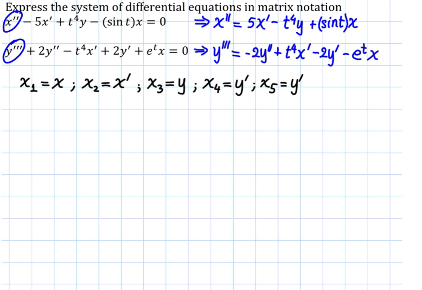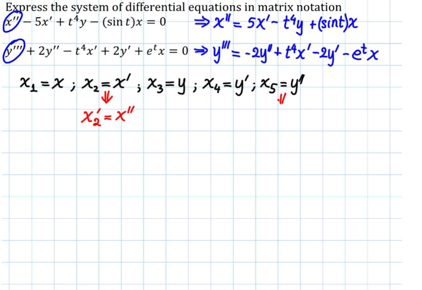And now with that, the question is, what is x double prime? Since x2 is equal to x prime, we check the derivative on both sides. And so x double prime is x2 prime. Same thing here.